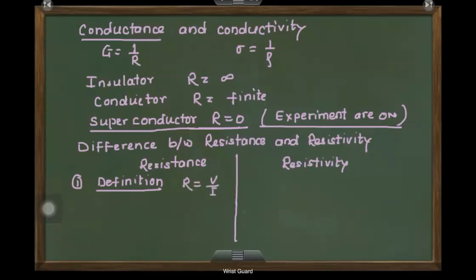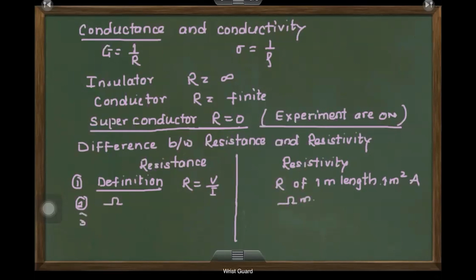Here, according to the formula of resistivity, it is the resistance of a wire of 1 meter length and 1 meter square cross-sectional area. I'm writing in short. You can write it in an elaborated way in your notebook. Second one, of unit you can write. Its unit is ohm. Its unit is ohm meter.